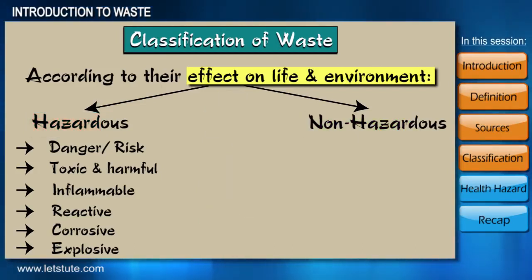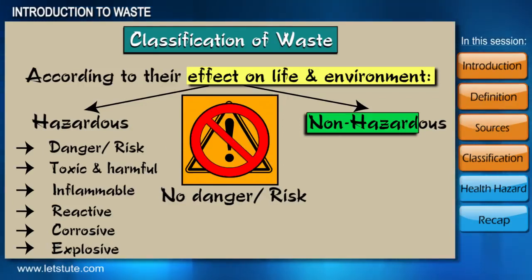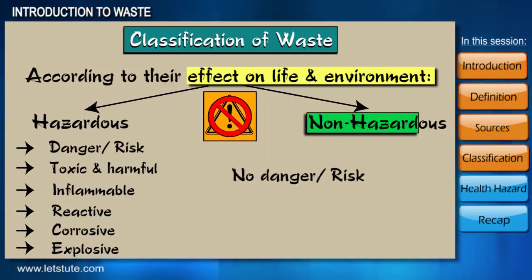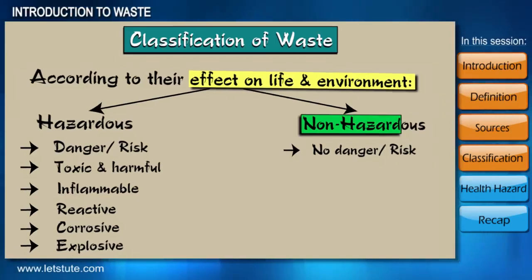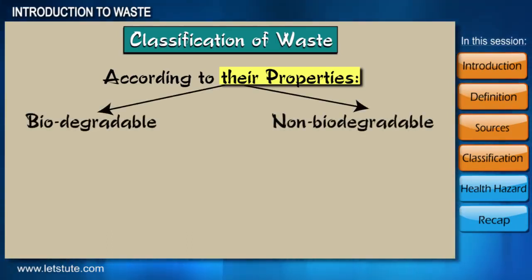Whereas the non-hazardous wastes are the ones which do not have any harmful effect on our environment or life on earth. According to their properties, waste can be classified as biodegradable and non-biodegradable.